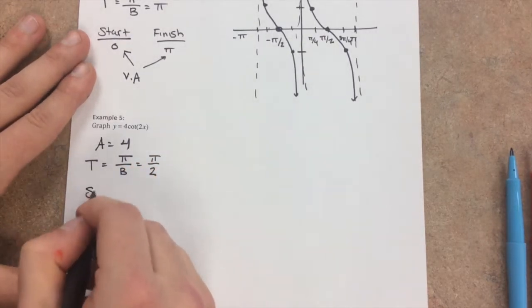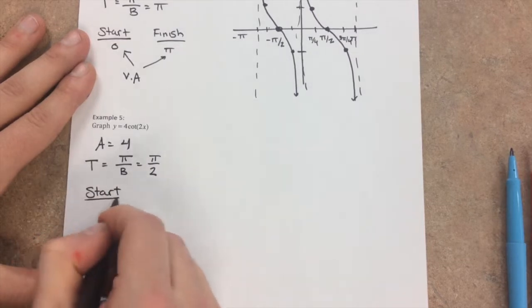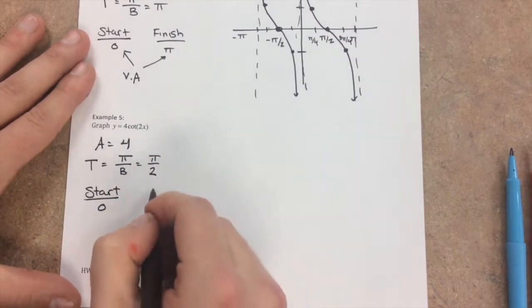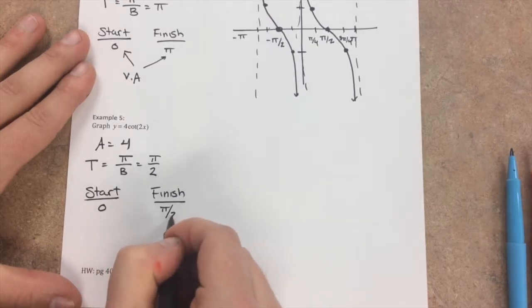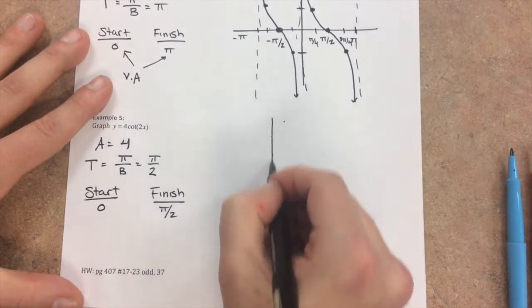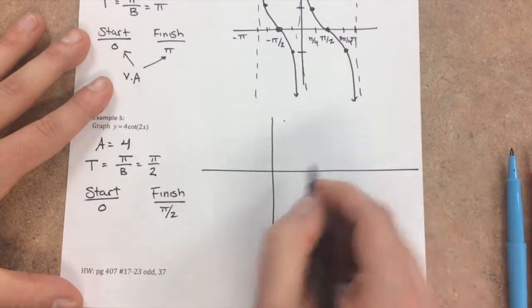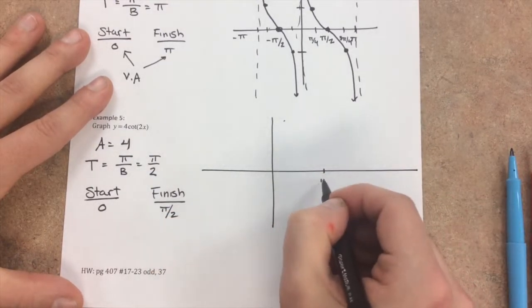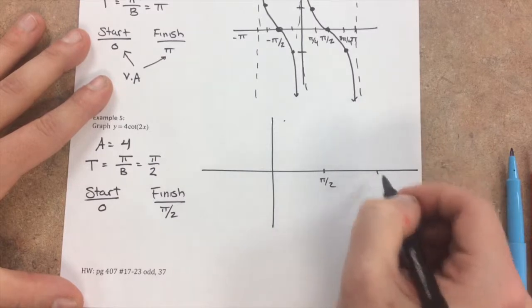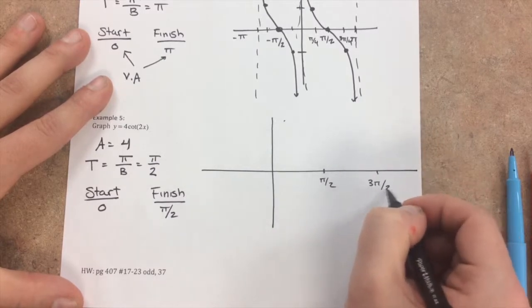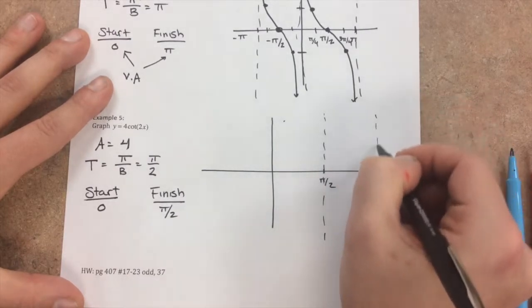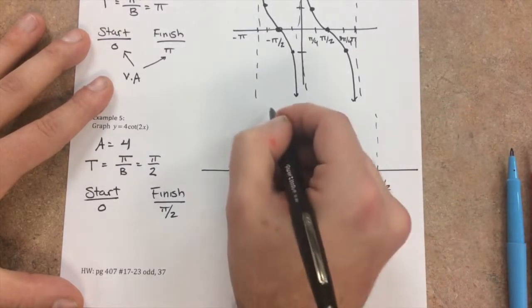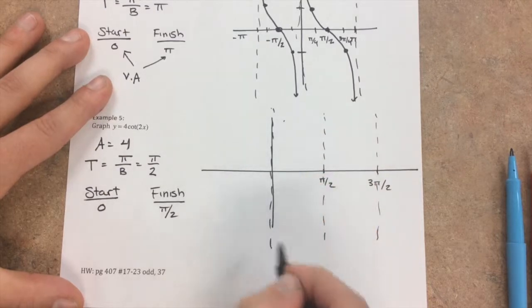So that means we're still going to start at 0, and we're going to finish at pi over 2. So we go out pi over 2, and for our sake, I'm just going to do another one, 3 pi over 2, vertical asymptote, vertical asymptote, one more at 0, vertical asymptote.